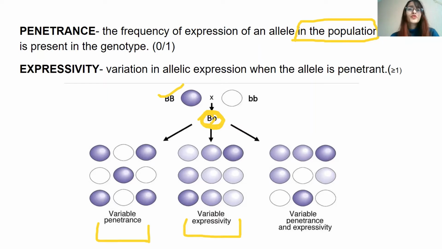So all of them should be having a violet color, but that is not the case, and there is some variation seen in all of these. Although the color is present in all of them, which means the gene for this color is penetrant, there is some variation in the concentration of this color. So all of them have different degrees of this color, but nevertheless the color is there.